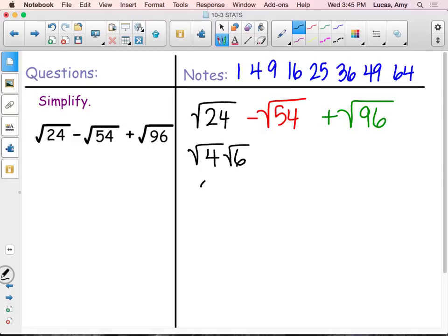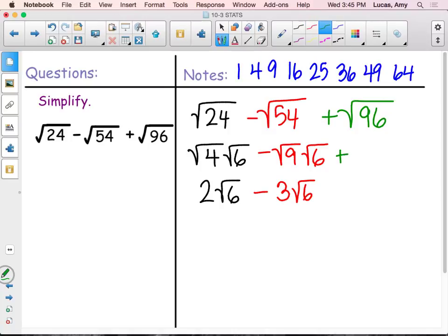The square root of 4 is 2, so 2 times the square root of 6. 54 is 9 times 6. The square root of 9 is 3, so 3 times the square root of 6. And 96 is 16 times 6. The square root of 16 is 4, so 4 times the square root of 6.